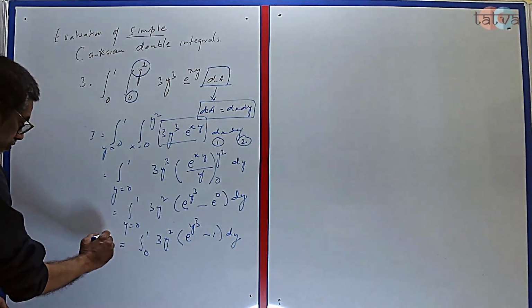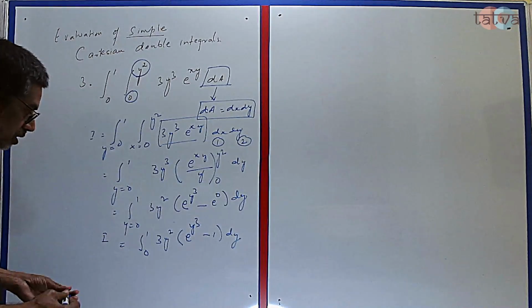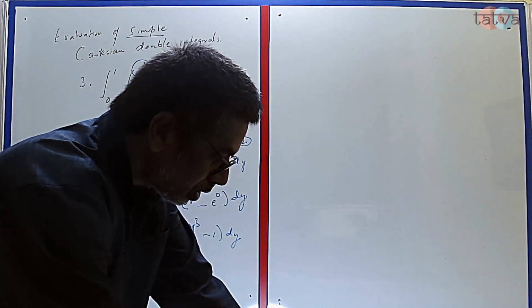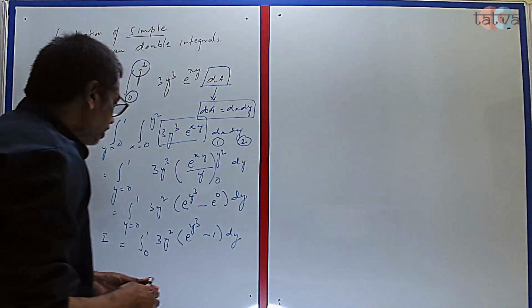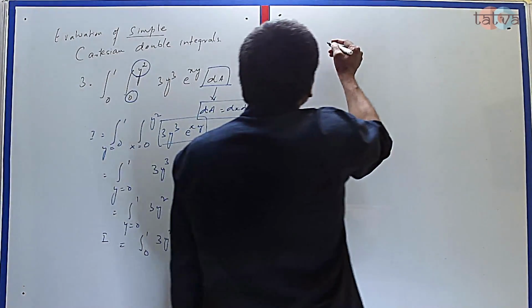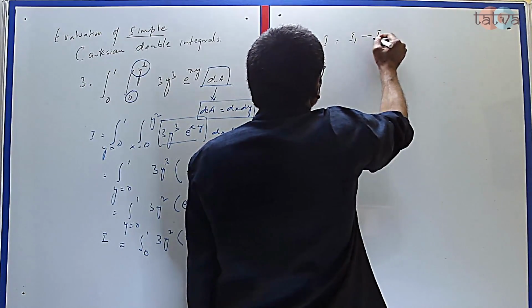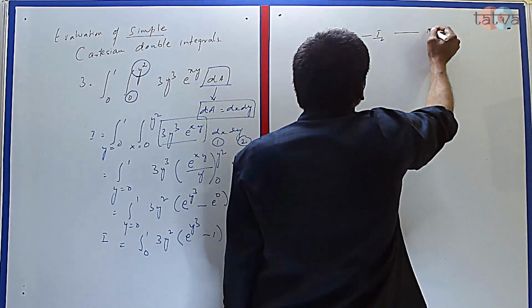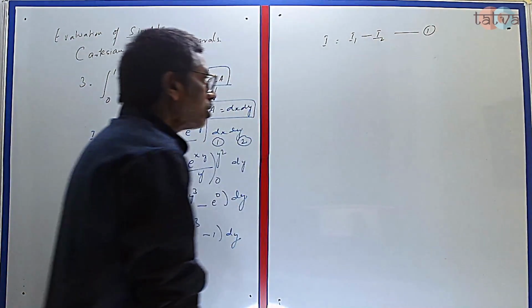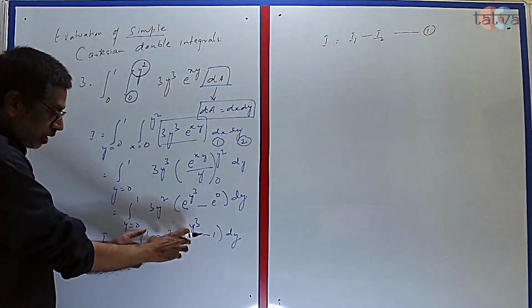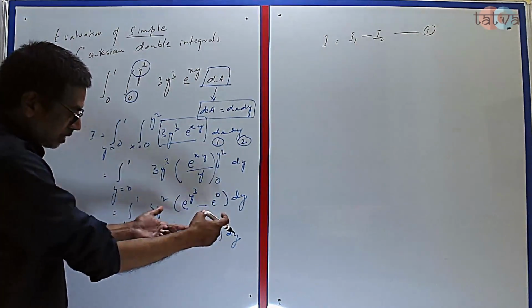So let us carefully handle the situation. I will write I as I1 minus I2, where one integration handles the first part, which I call I1, minus the second.